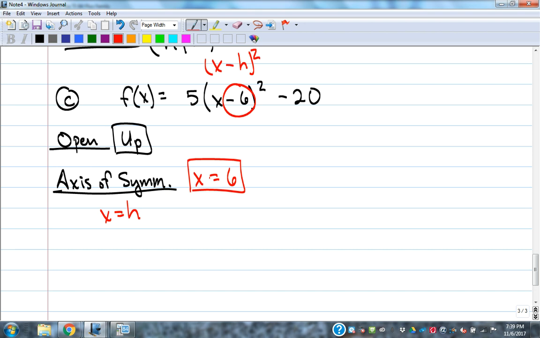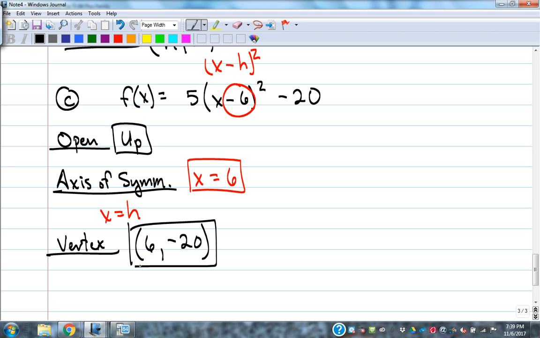If it's a minus 6, it's going to be positive 6. If it were a plus 6, it'd be negative 6. So it's always the opposite of what's happening in the parentheses for the axis of symmetry. Then the vertex: 6, and then what's the k that's hanging out on the outside? Negative 20. That's our vertex.